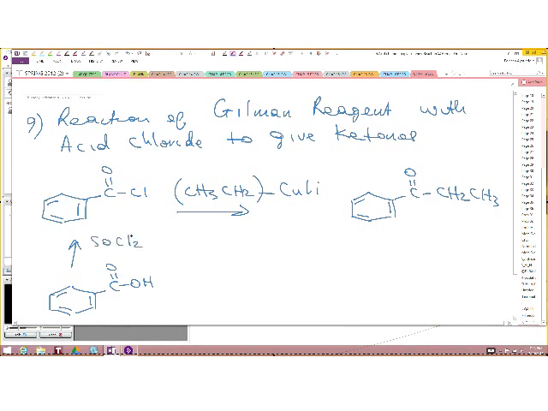Okay, so this is the second time we are using thionyl chloride. When was the other time we used this? To introduce a chlorine, okay, to replace a hydroxide. Okay, very good. So in this case, this is also replacing the hydroxide of the carboxylic acid to give an acid chloride.